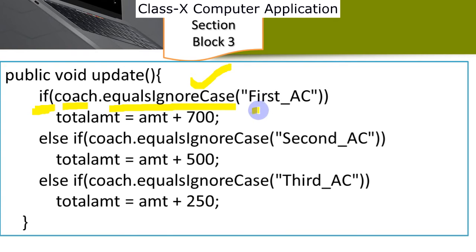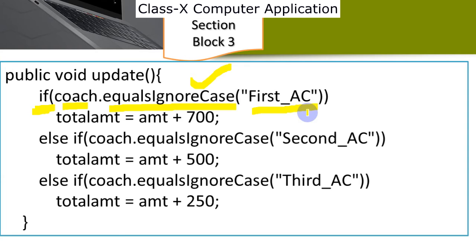You can see here first AC. When you type it in the output terminal, you can type uppercase, lowercase, or a combination of both. Whatever combination you write, it should ignore the case and accept first AC underscore AC.